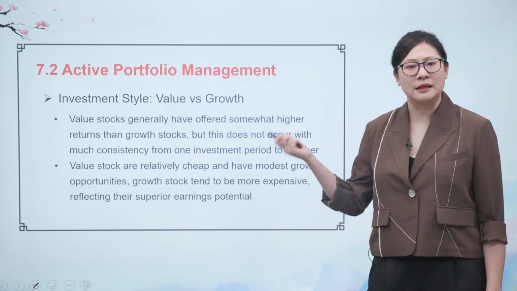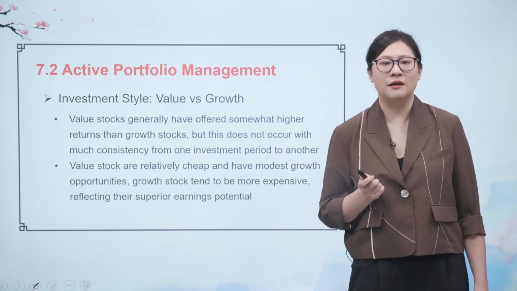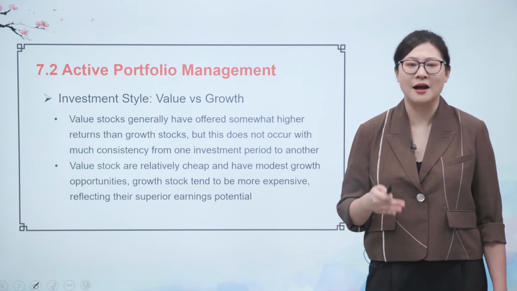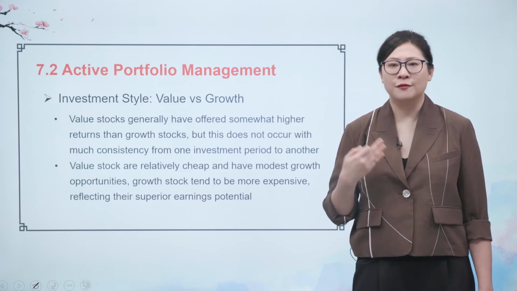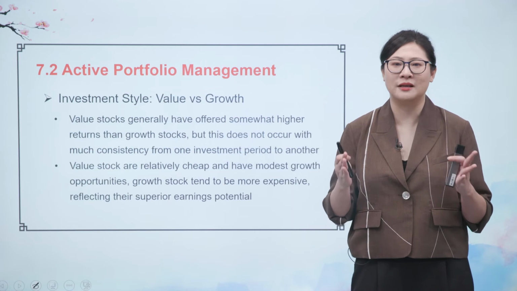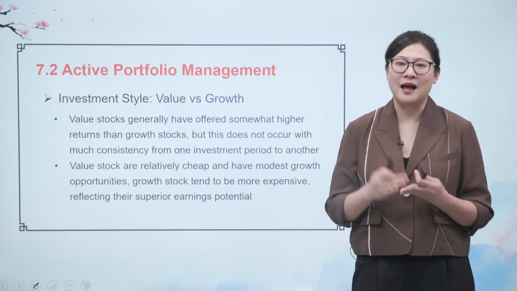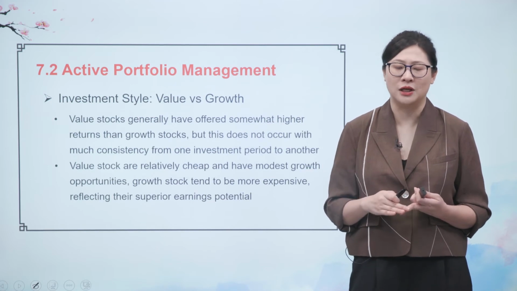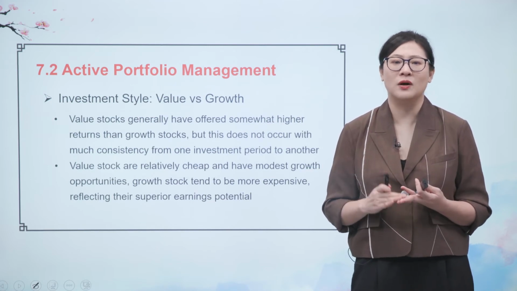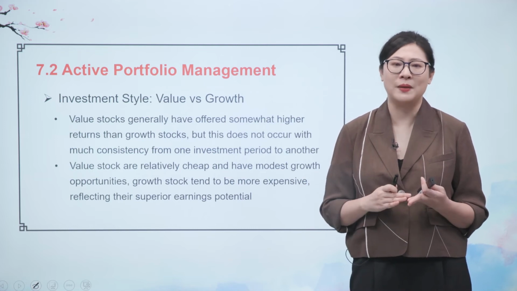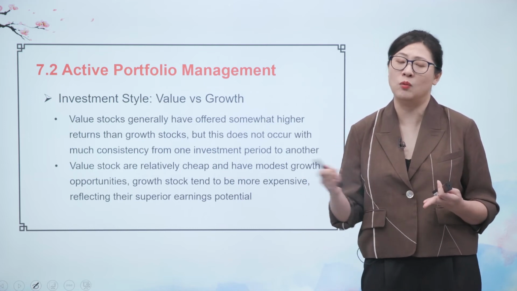And the next point is that value stocks generally have offered somewhat higher returns than growth stocks. From the previous literature, we know there are three conclusions: the value stock works better than the growth stock, has a higher return; the small cap stock works better than the big cap, so has a higher return; and the last one is the momentum stock, it works better.